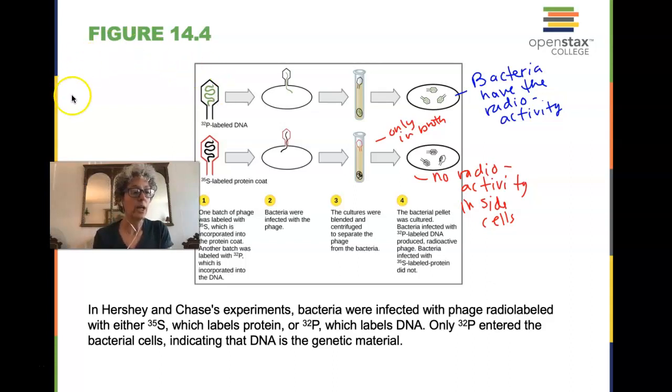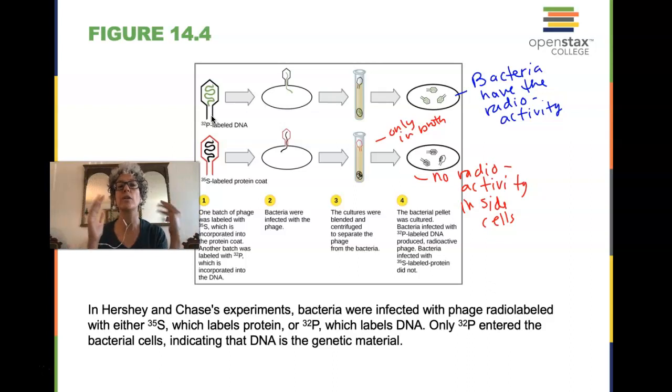They did an experiment where they added a radioactive element. And in one experiment, only the phosphorus was labeled with radioactivity because DNA and RNA have phosphorus and proteins do not. This entire pathogen, this virus, has only protein and DNA.